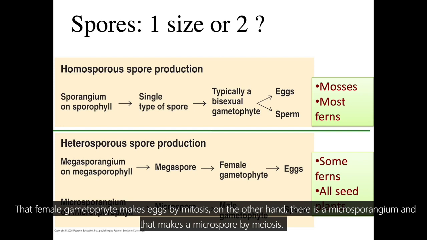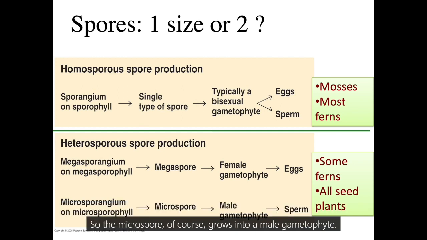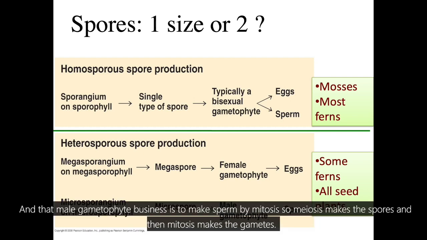On the other hand, there is a microsporangium, and that makes a microspore by meiosis. So the microspore, of course, grows into a male gametophyte, and that male gametophyte's business is to make sperm by mitosis. So meiosis makes the spores, and then mitosis makes the gametes.